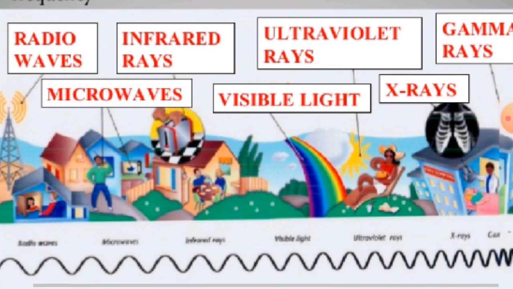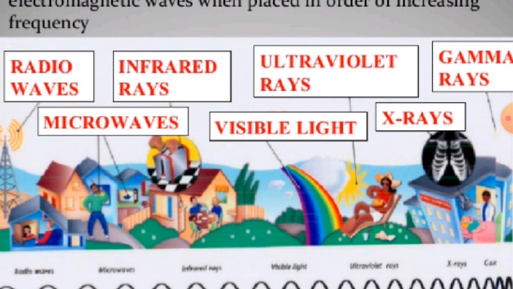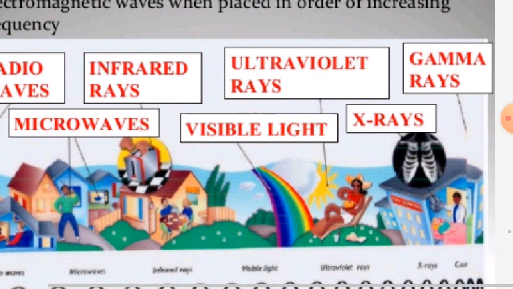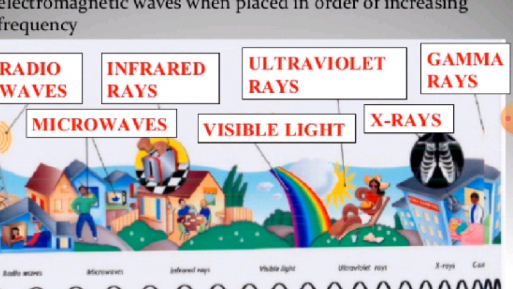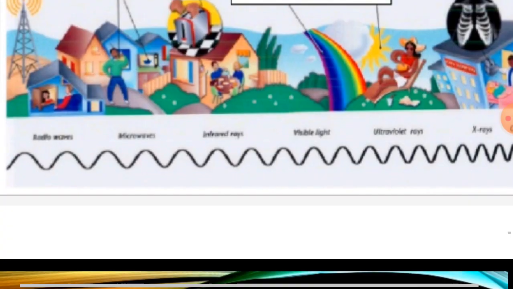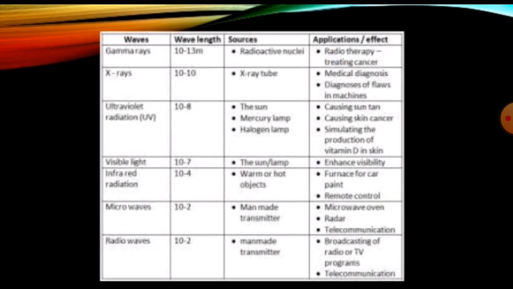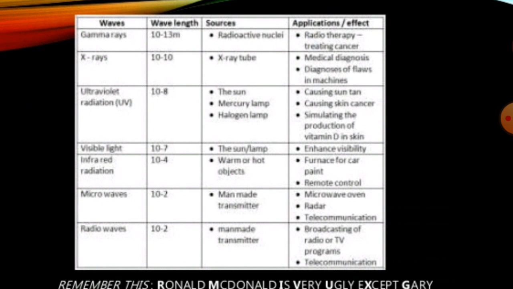Then X-rays, you have all gone through the X-ray machines. Then gamma rays. So these are the rays in the electromagnetic wave, with main features and applications according to the frequency and wavelength listed below. You can go through this to understand, as this slide is the summary of electromagnetic waves.